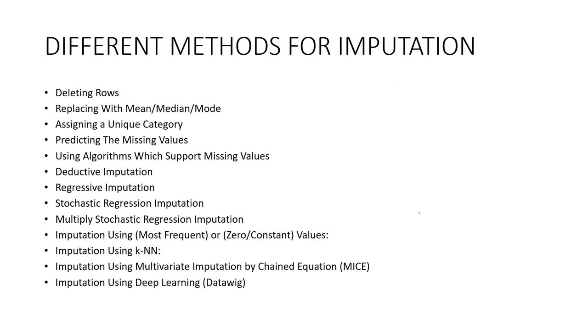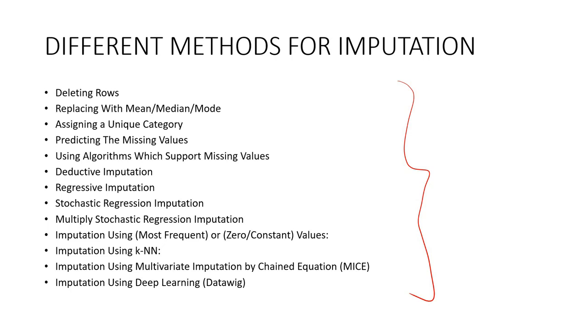These are the different methods we can follow for imputation: deleting rows, replacing with mean, median, mode, assigning a unique category, predicting the missing values using algorithms such as k nearest neighbors or random forest, deductive imputation, regressive imputation, stochastic regression imputation, imputation using most frequent or zero constant values, using deep learning.